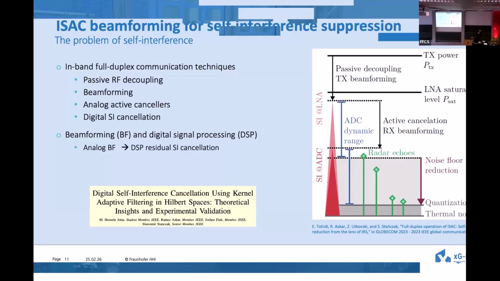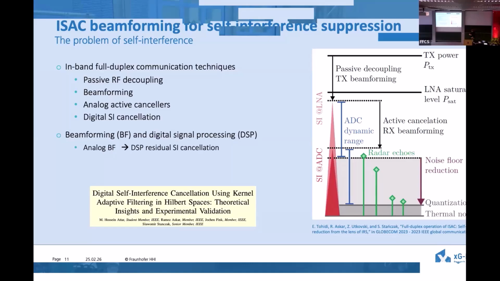But after the amplifier, you have an analog-to-digital converter. If the signal is still stronger than the signal you're trying to detect, you first have to avoid saturation of the analog-to-digital converter. That's why you have automatic gain control.